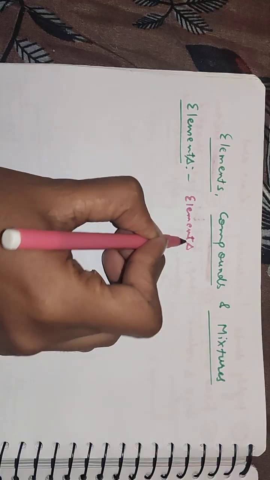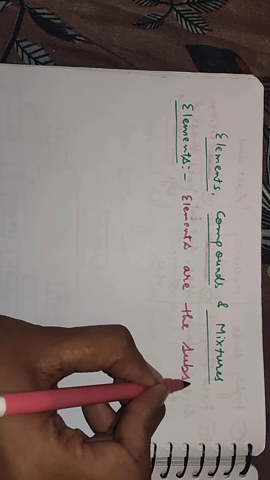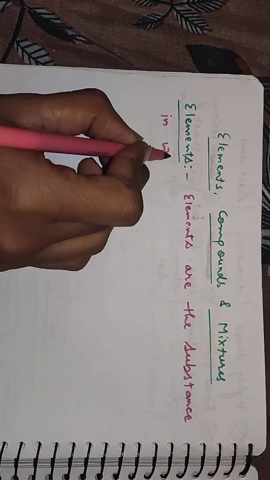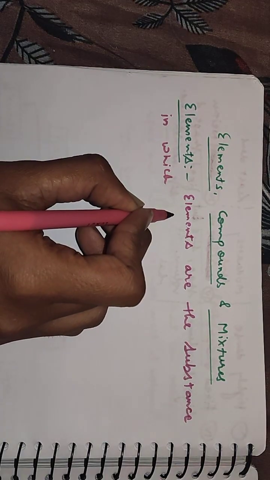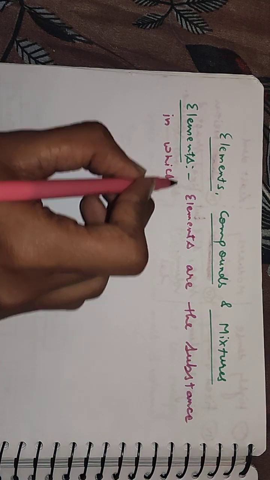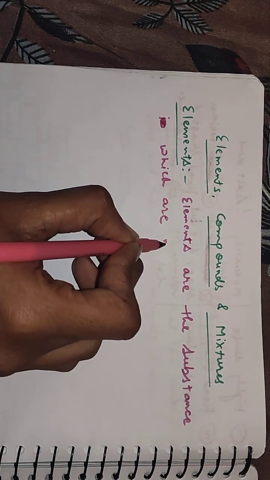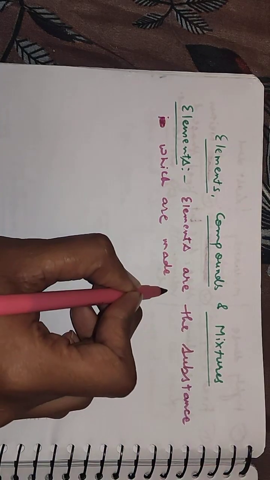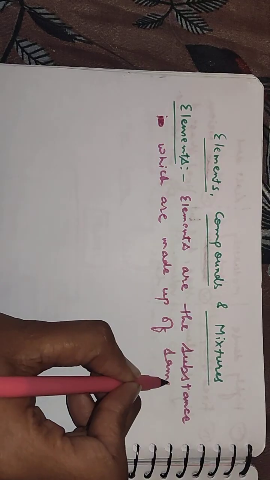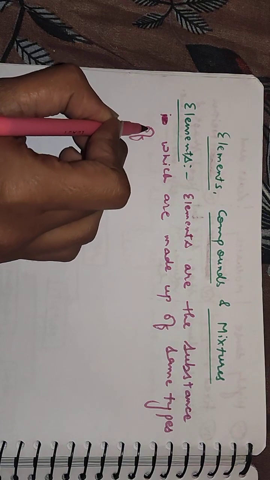Elements are the substances which are made up of the same types of atoms.